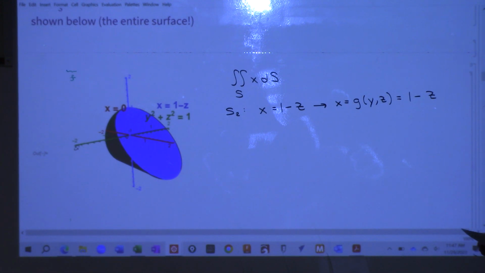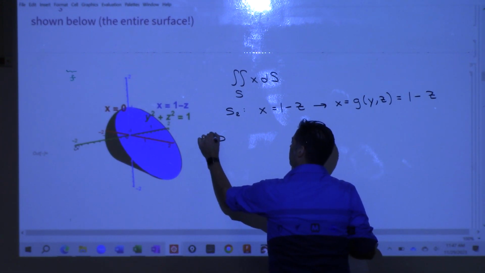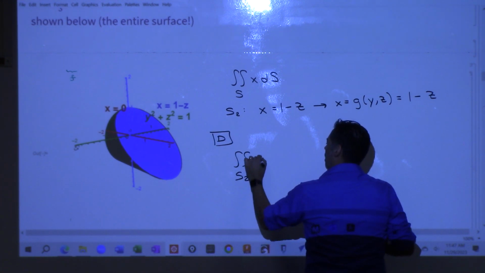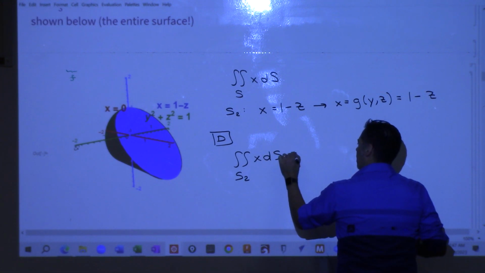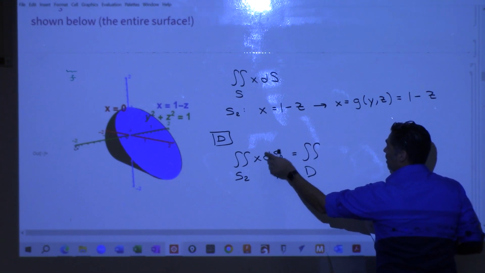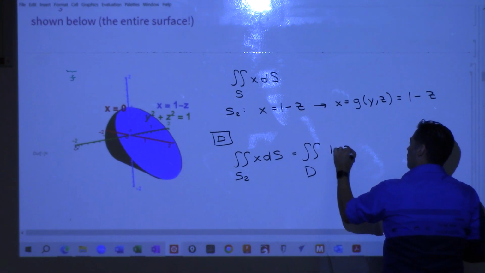All right, so which one are we using? D again? D. So if I use D, I'm going to do the double integral over S2 of x dS, which is the double integral over D of x. Now what's x for us if we're living on this surface? 1 minus z, right?